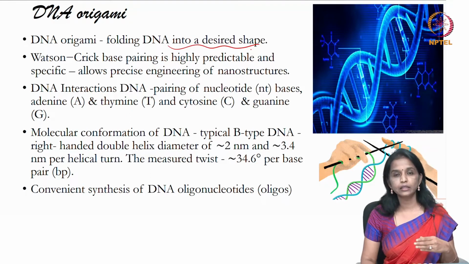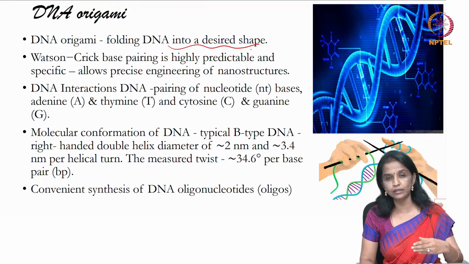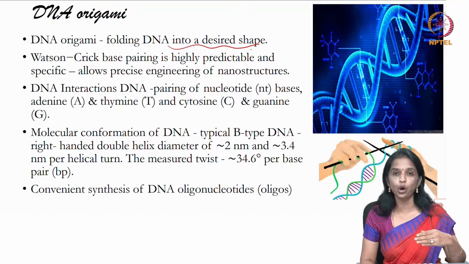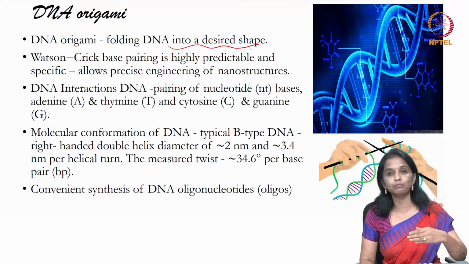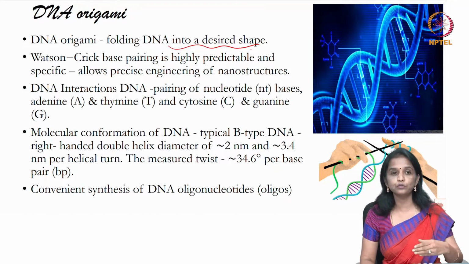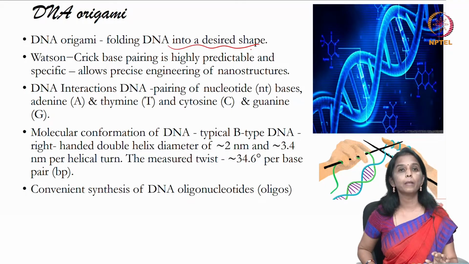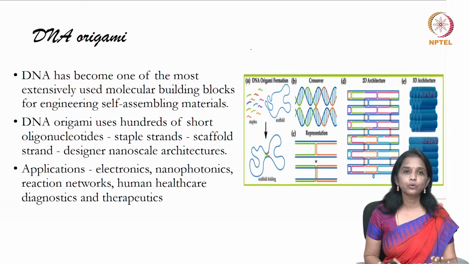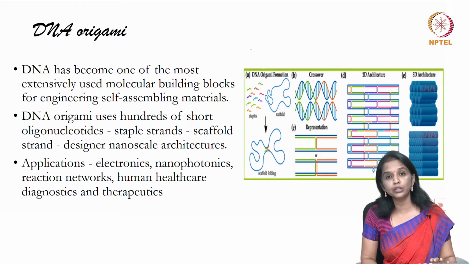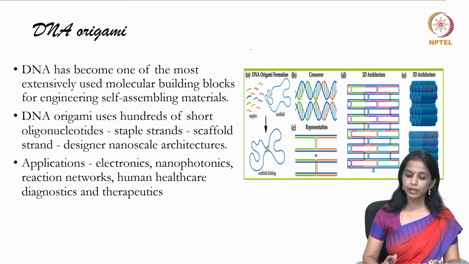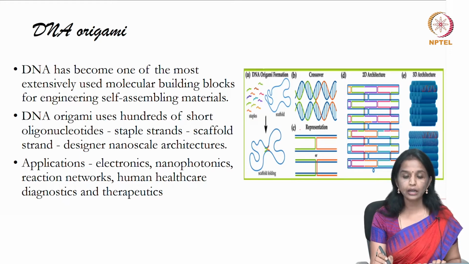Not only that, the molecular conformation of DNA also helps in a most important way. In addition to the nucleotides, the molecular conformation of DNA is also very helpful, and it also has a specific sequence. That is exploited to create multiple products. So you can see that DNA origami is used for engineering self-assembling molecules. This picture helps in a beautiful way.